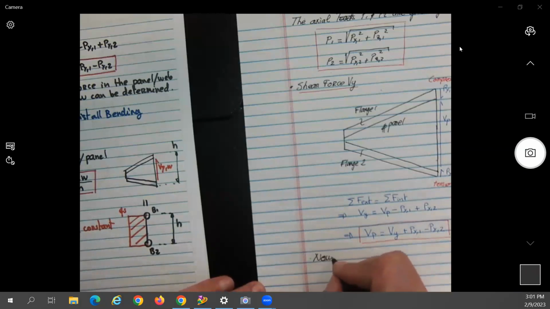Now the shear force V_P in the panel is known.